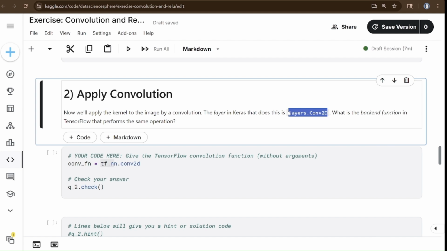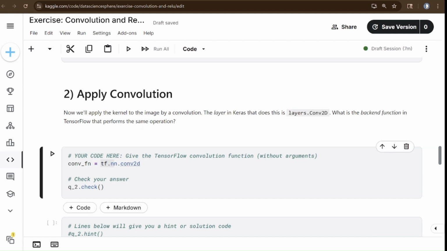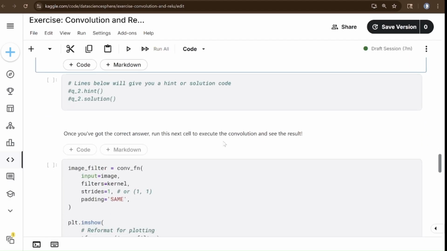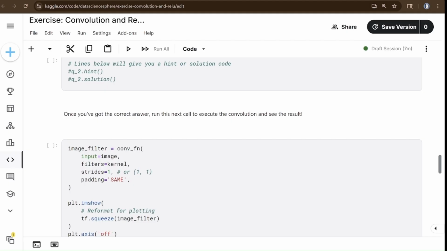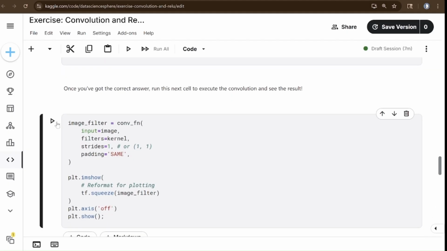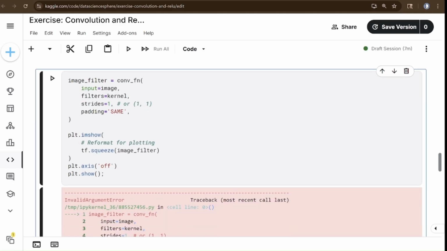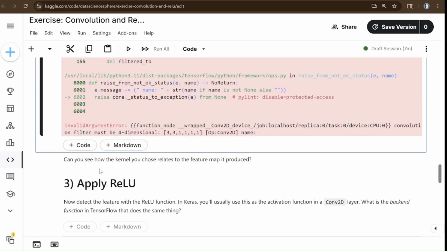You can just use layers.Conv2D, but this is the backend function. Fine. Let me run this. Now, once you have got the correct answer, run this next code cell to execute the convolution and see the result. See, this is the image filter. You can see input is image, filters equal to kernel, strides 1, padding same. This is the image show. But there is a problem. Why?